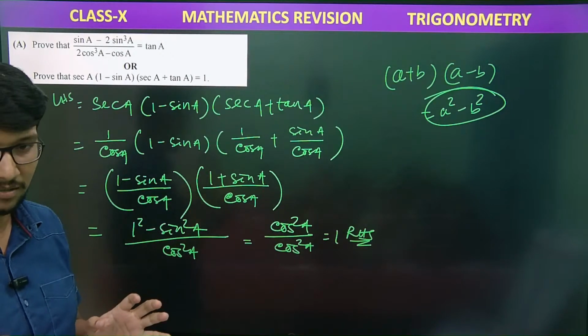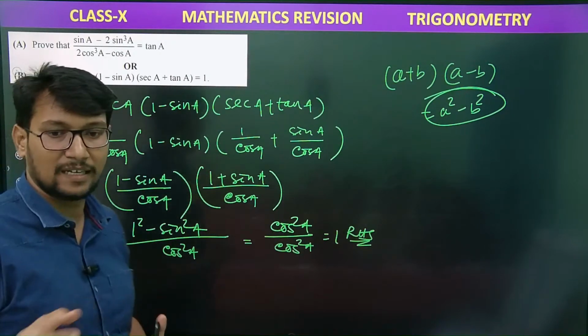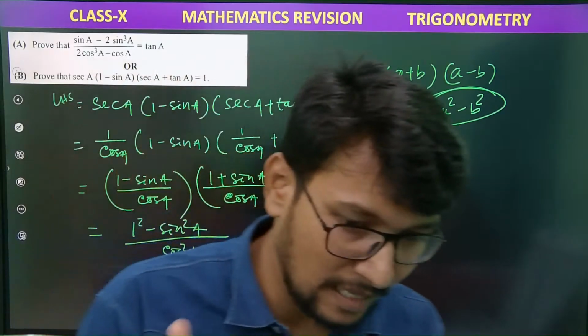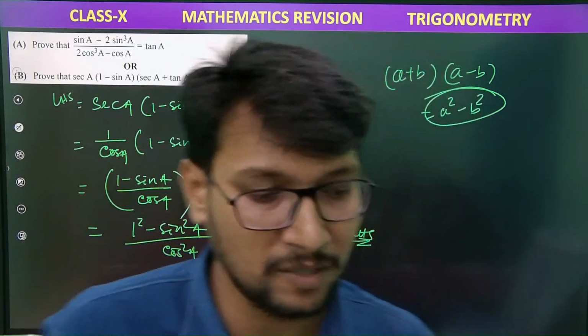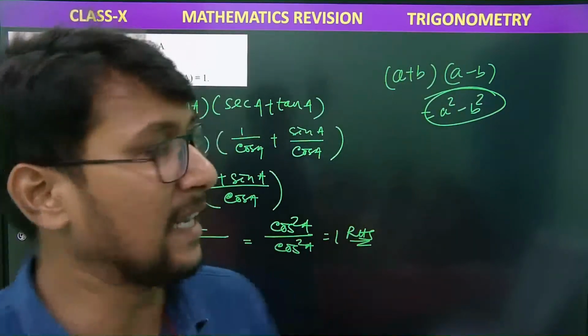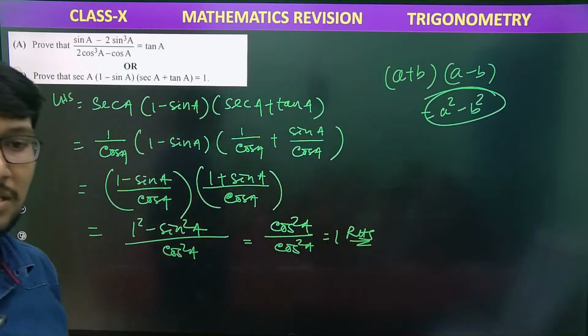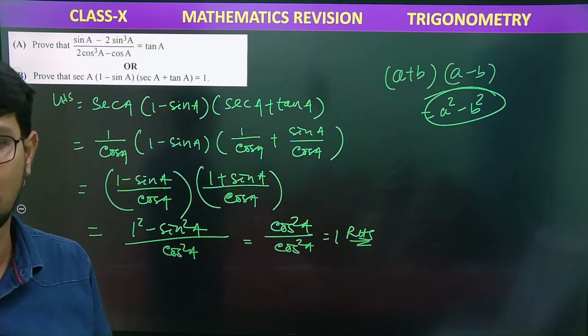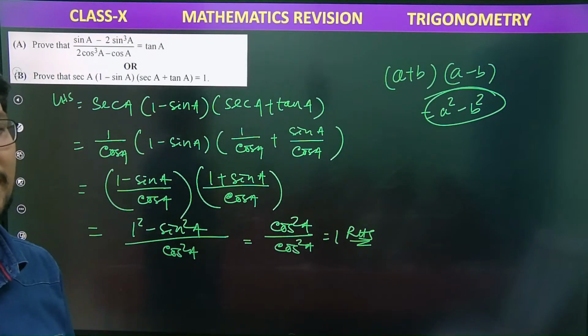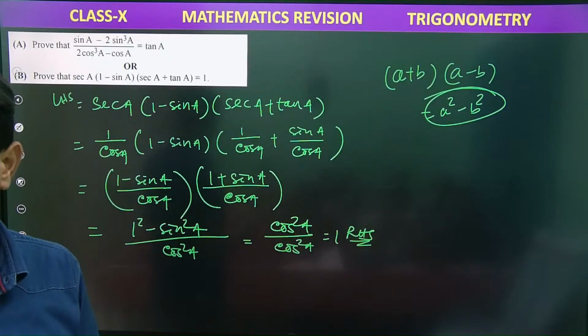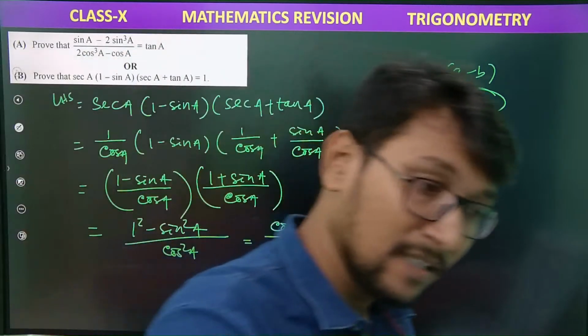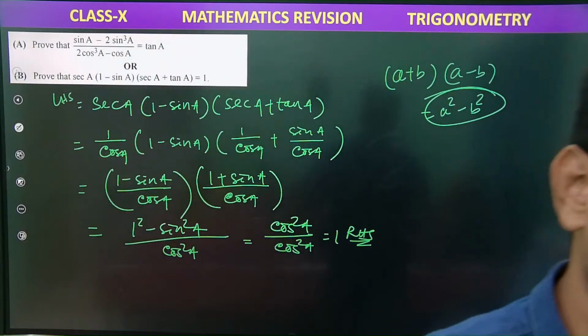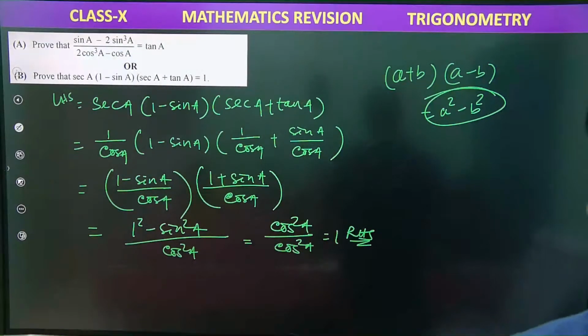While studying, the answer might not come to mind directly when you see the question. But while revising you get it directly, like cos square A plus sin square A is how much? 1. Whenever you solve, you'll get it. I think I gave this question in the month of April.